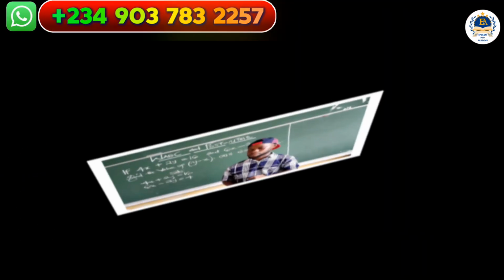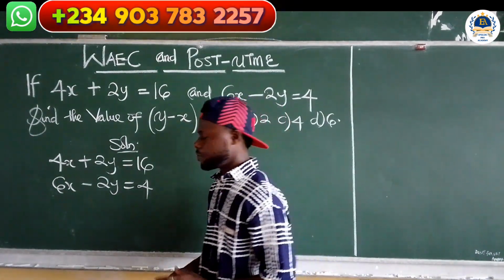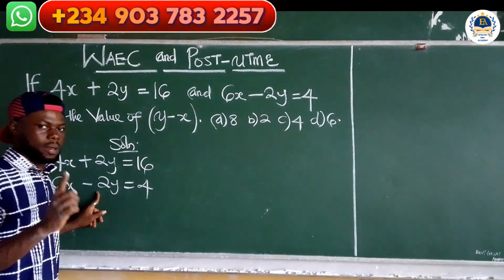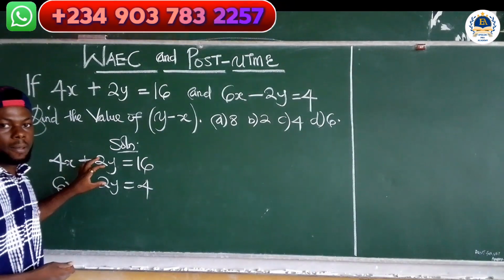The next thing we have to consider is their signs, the respective signs in both equations. The rule is that first, the coefficients from both equations must be the same. Second, we must consider the signs.